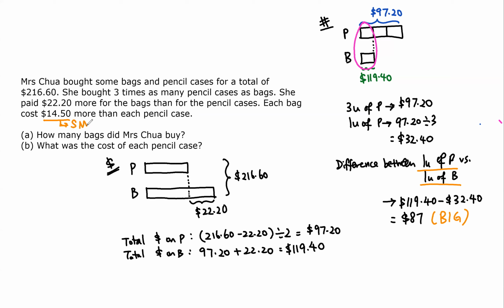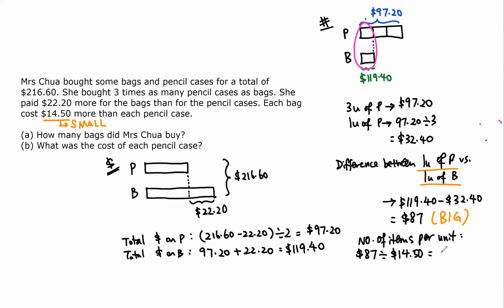So we must take the big difference, divide by the small difference, and you will be able to get the number of items, either bags or pencil cases, but it's the number of items per unit, the per unit that we had in our model earlier. So number of items per 1 unit is going to be the big difference, $87, divided by the small difference.